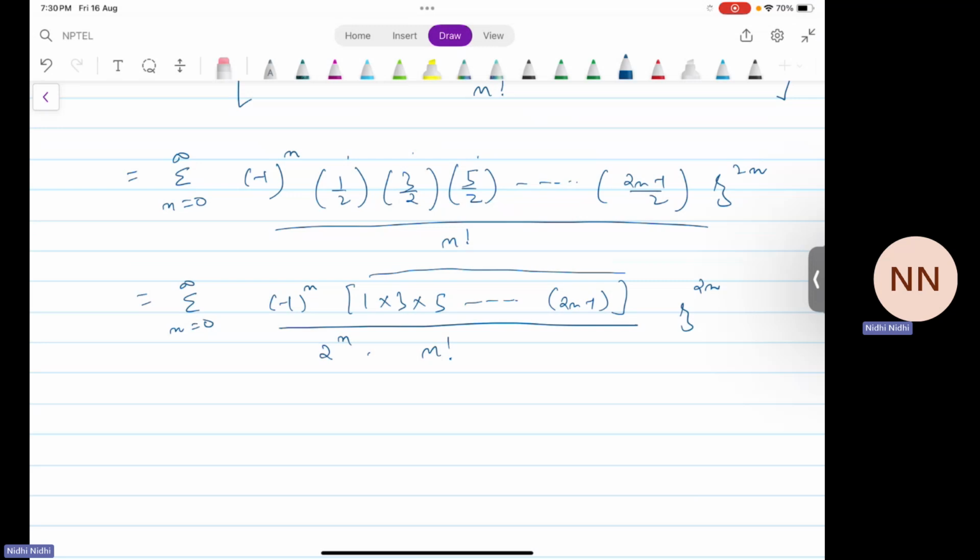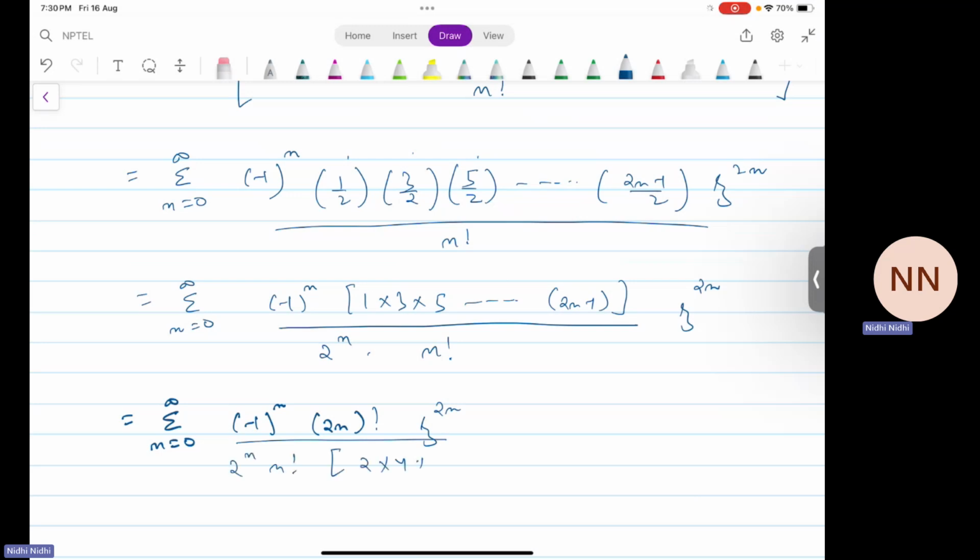Now to make this numerator term 2n factorial, we need the in-between terms 2, 4 and so on. So we'll just multiply by those things and divide by those numbers. We'll get summation n from 0 to infinity minus 1 to the power n 2n factorial z to the power 2n by 2 to the power n factorial, and the rest of the terms were 2 into 4 into 6 and so on up to 2n.